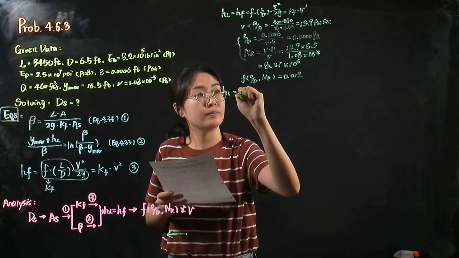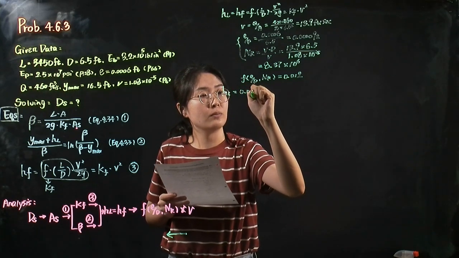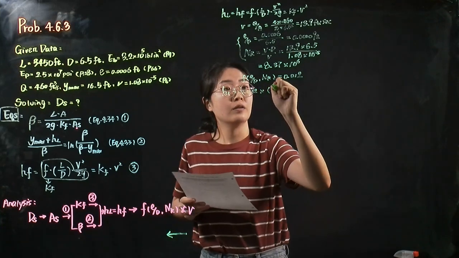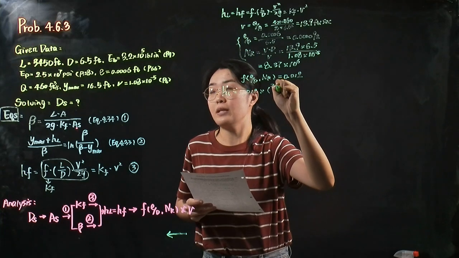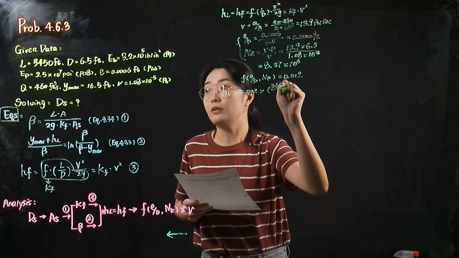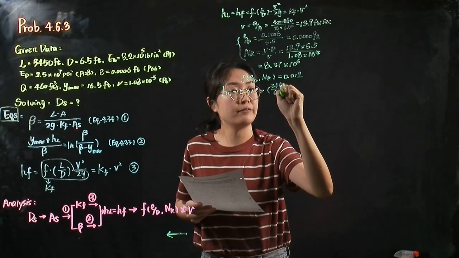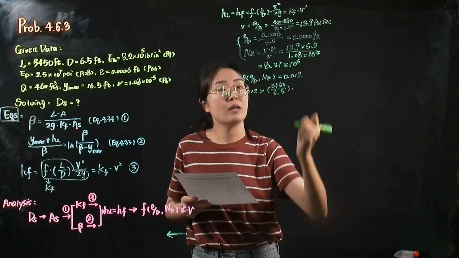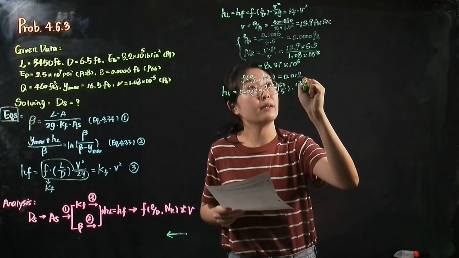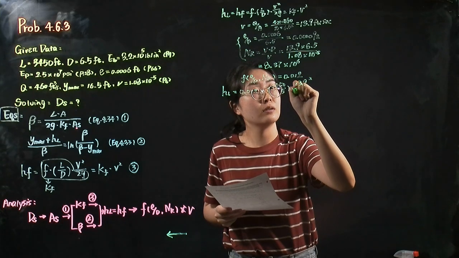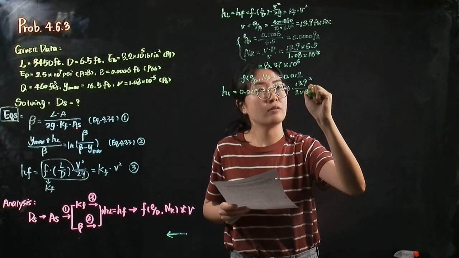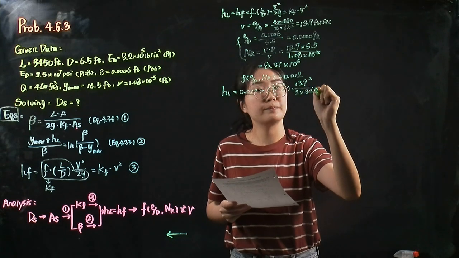It equals 0.012 times 3,450 feet over 6.5 feet times the velocity 13.9 squared over 2 times 32.2.